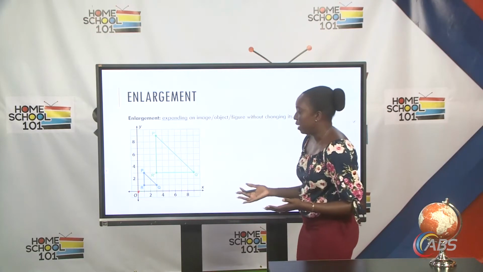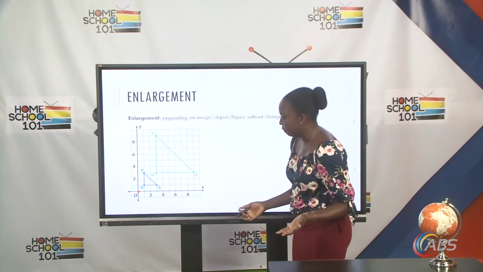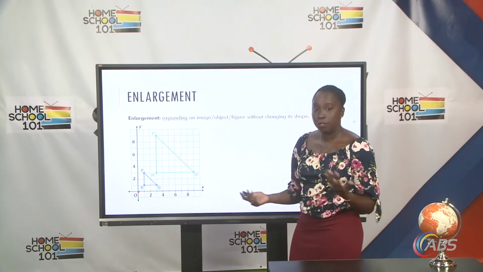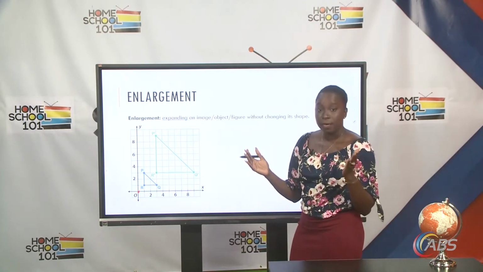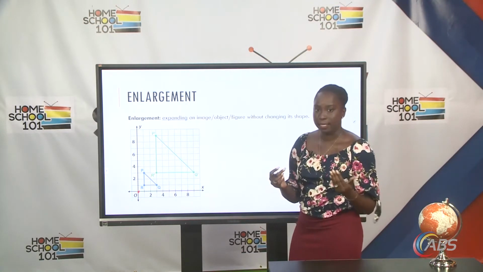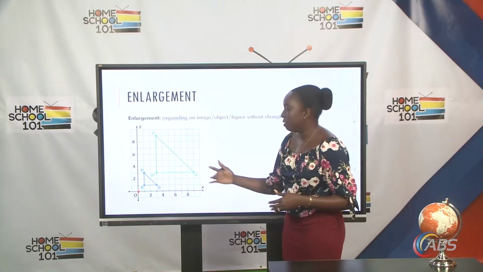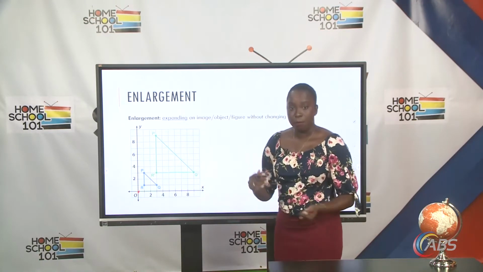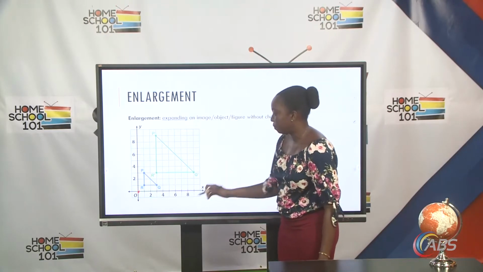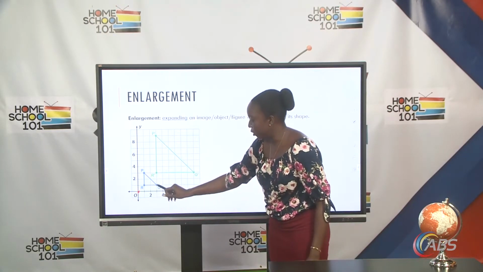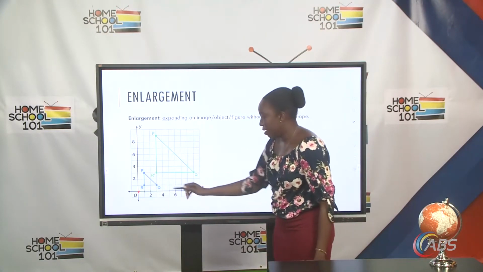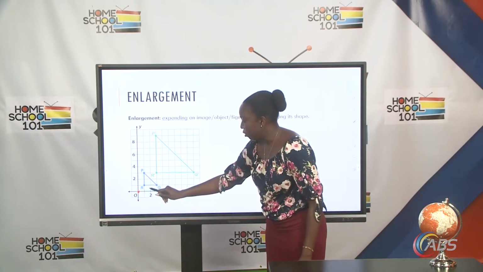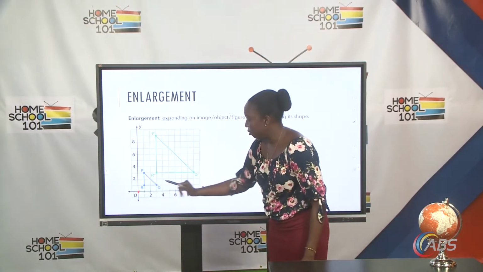So another way, as I mentioned before, would be if we just chose a side, counted how wide it is or how long it is, and did a division or comparison to the similar side, we would also be able to come up with the scale factor. So if we count from R to Q, let's just use that side. R to Q, I count 2. So 1, 2.